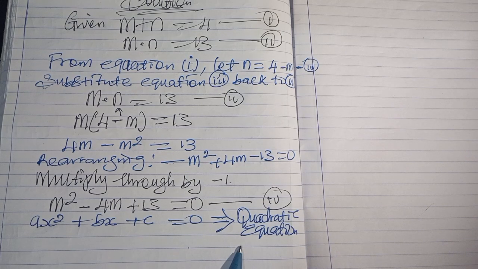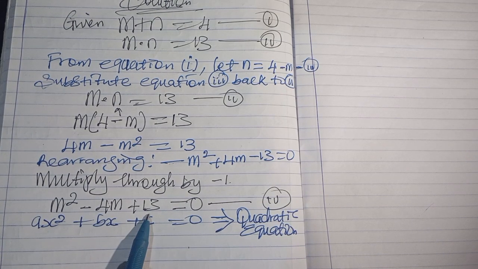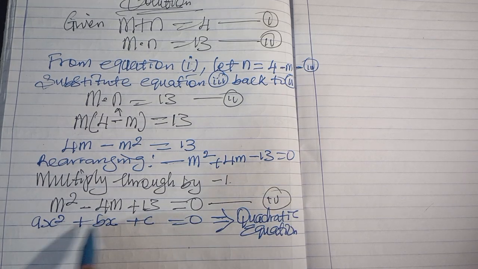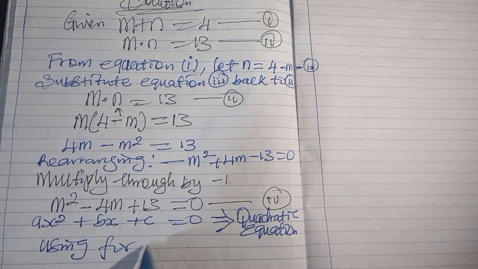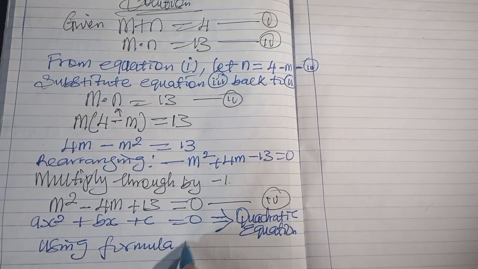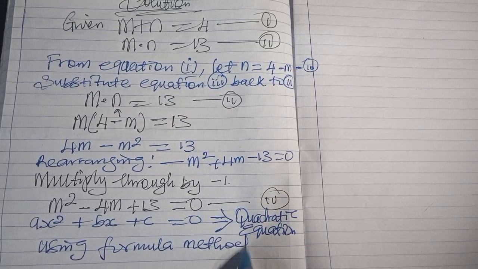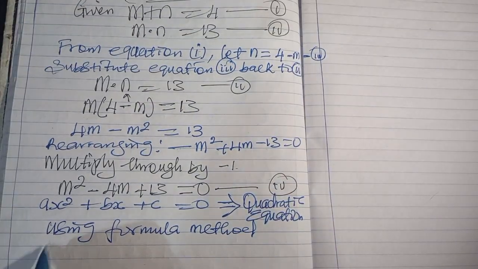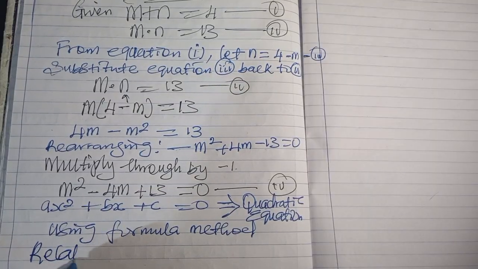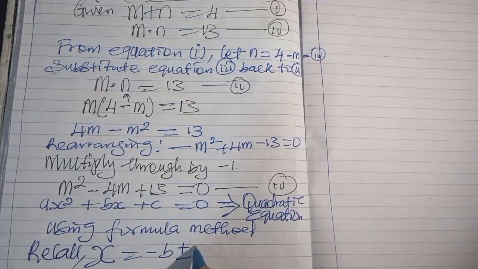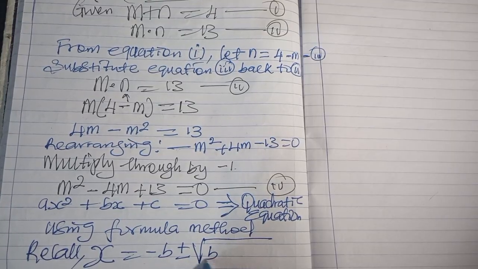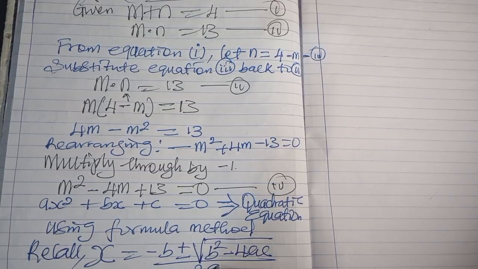Now we are going to use the formula method to solve this. Recall that x is equal to minus b plus or minus square root of b squared minus 4ac, divided by 2a.